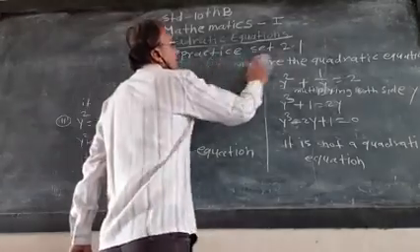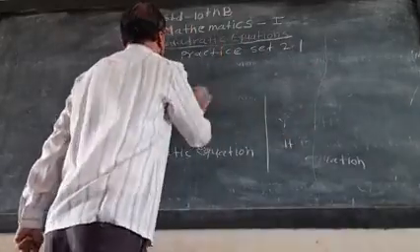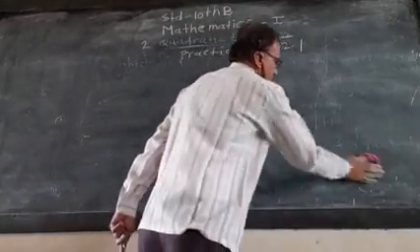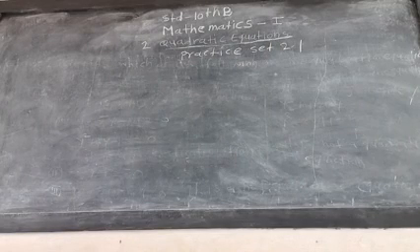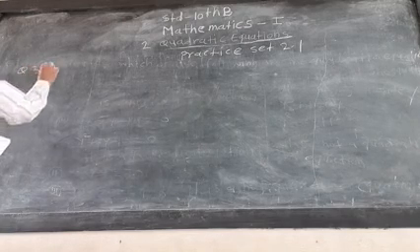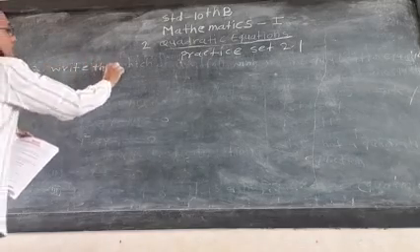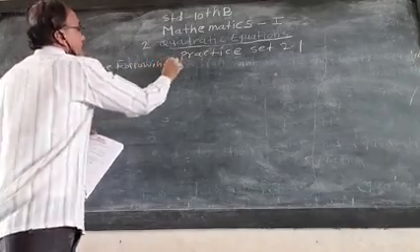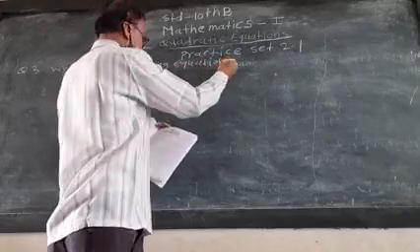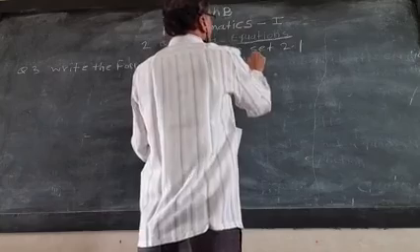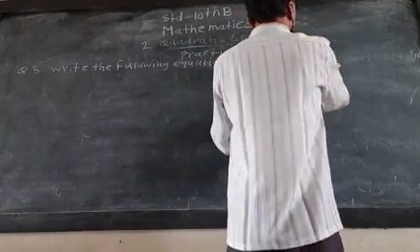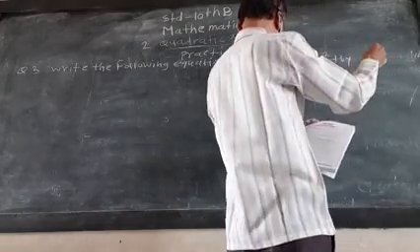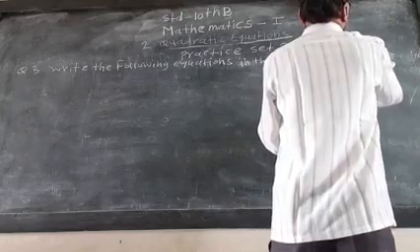We solve question number 3. Write the following equations in the form ax square plus bx plus c equals 0.